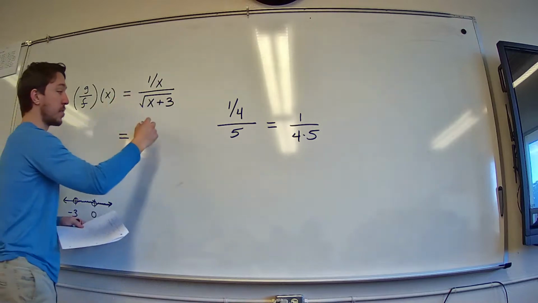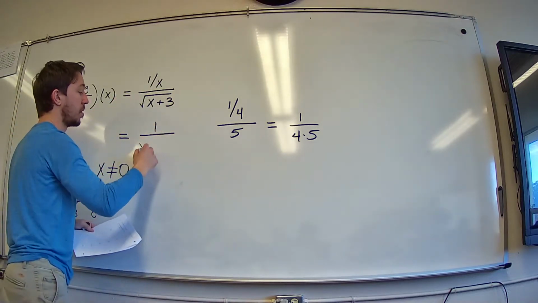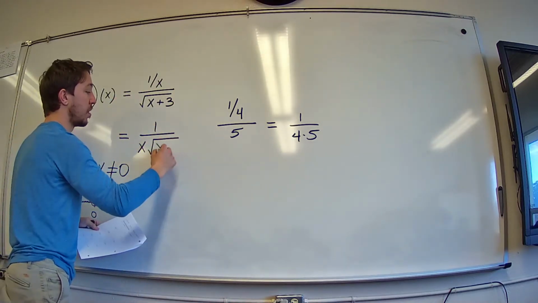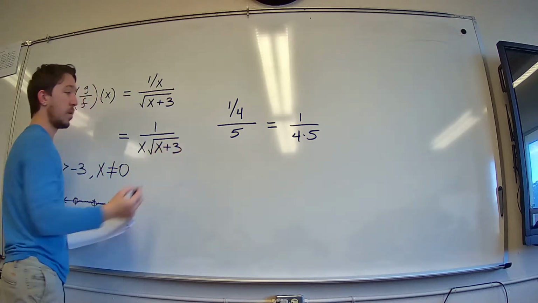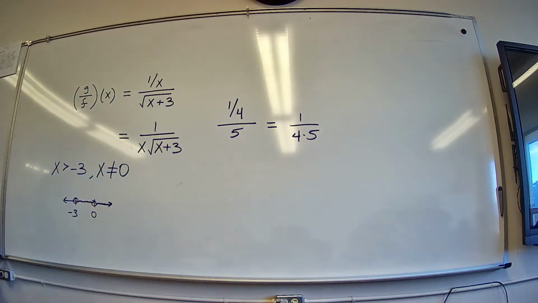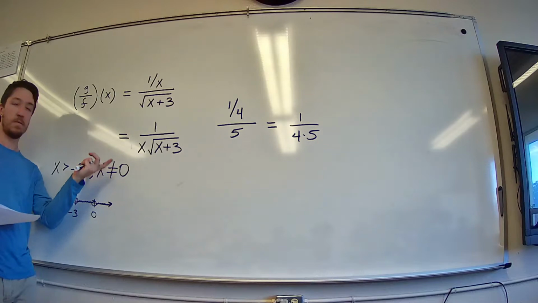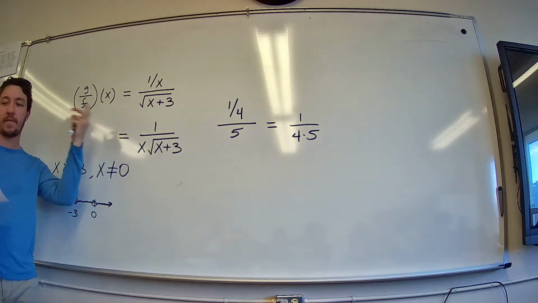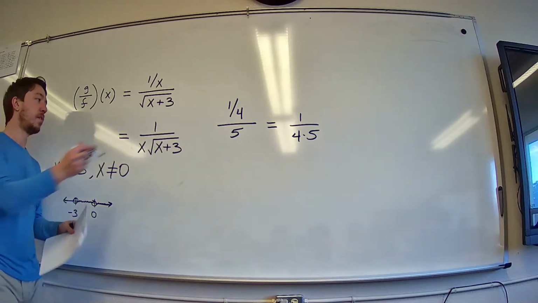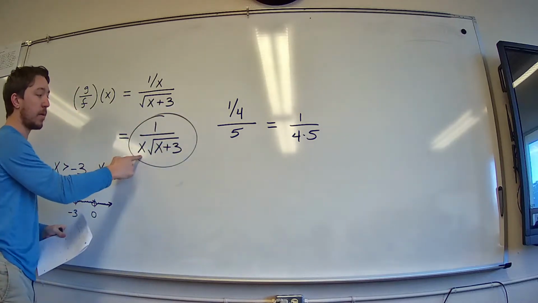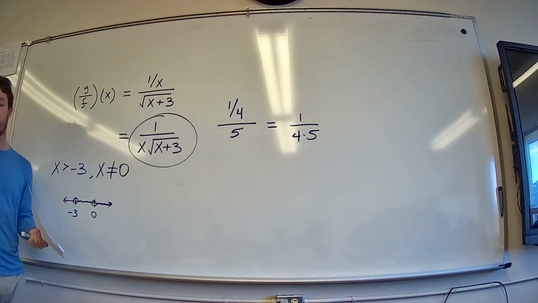So this can be written as that. Are you okay with that? Now, do I need to write this as part of the function? No, because it's already embedded. That information is embedded in the statement that x can't be 0 and x can't be -3 or less.